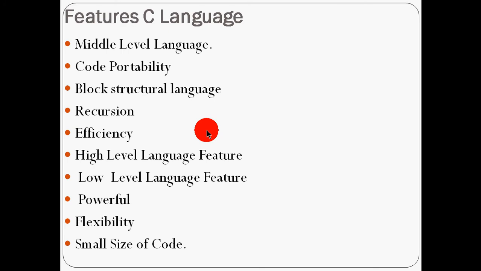After that, powerful. What do we mean by powerful? If I consider one particular statement, that is integer, then integer is a statement which has the responsibility to accept data that does not consist of a fractional part. With the help of integer you can accept one type of data.